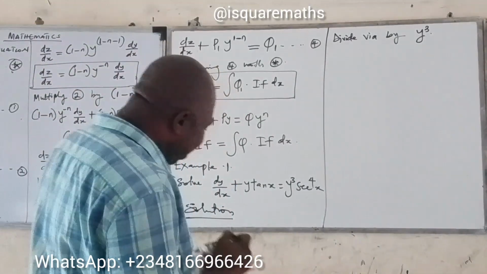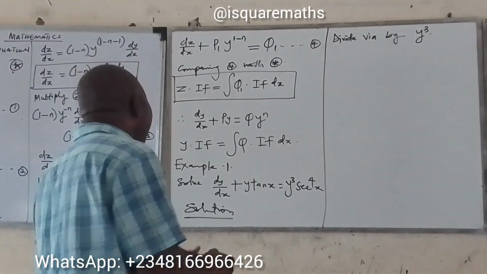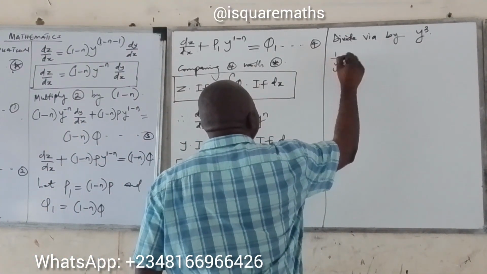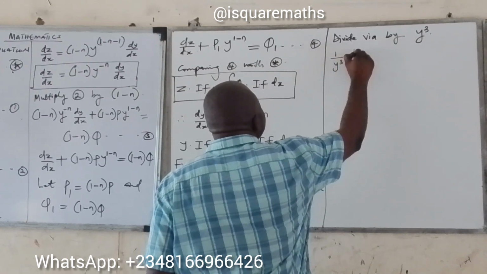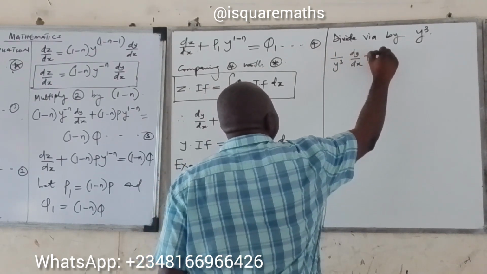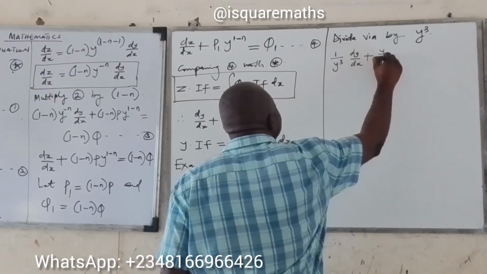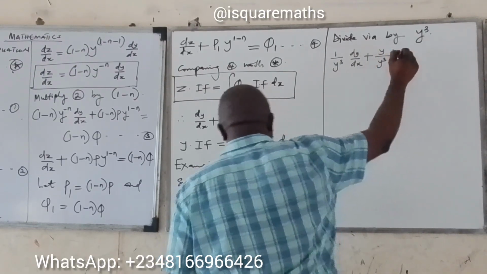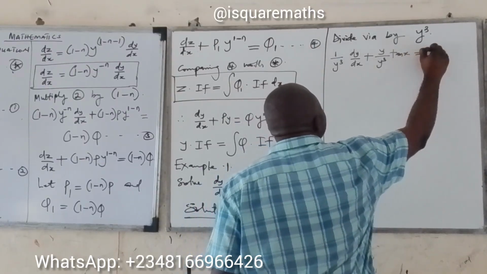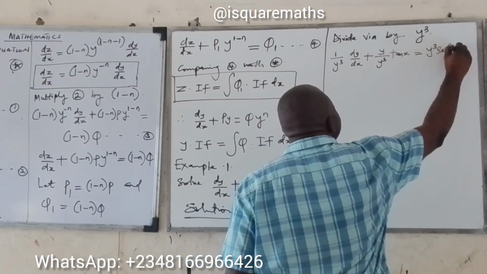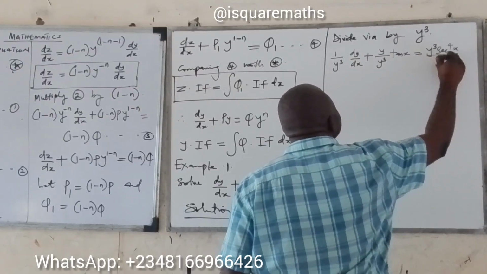It means in this case, we are going to have 1 over y raised to the power of 3, dy/dx, plus y over y raised to the power of 3, tan x, is equal to y raised to the power of 3 sec 4x over y raised to the power of 3.